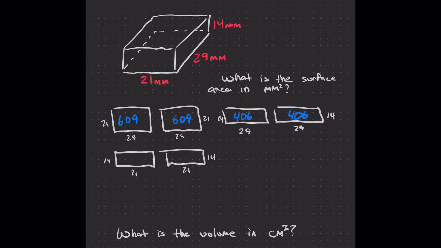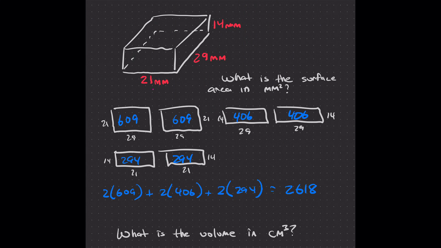And for that, 14 times 21 is 294. Now to calculate the total surface area, I'm just going to go 2 times 609 plus 2 times 406 plus 2 times 294. When you multiply that out, we get 2618.